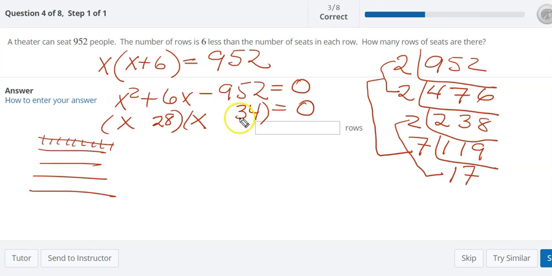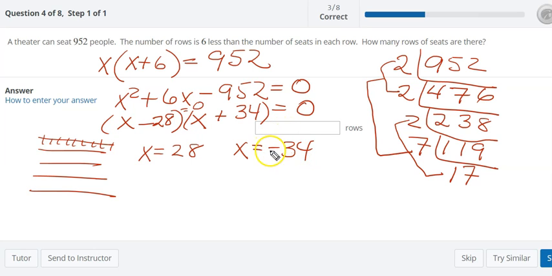So 28 times 34 is 952. Now this is a plus. So this one's going to be plus, and this one's going to be minus. So when I equate each of these to 0 using the zero factor property, I get x equals 28, x equals negative 34.